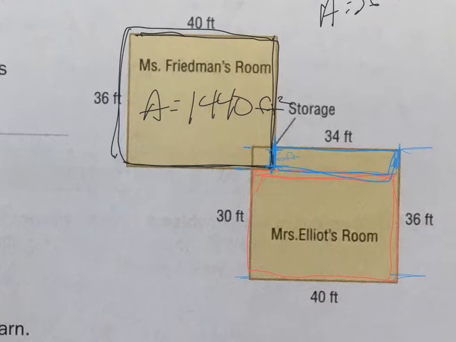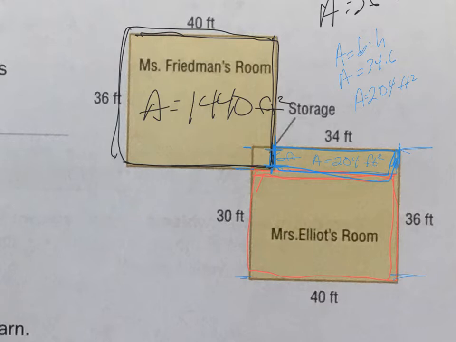Okay? So now I can do area equals base times height. Area equals 34 times 6. 34 times 6 is area of 204 feet squared. So this one is area equals 204 feet squared.